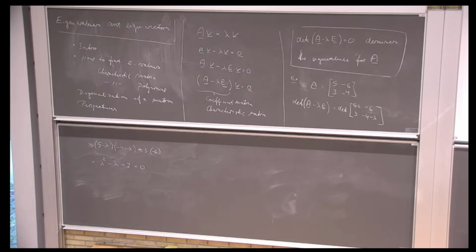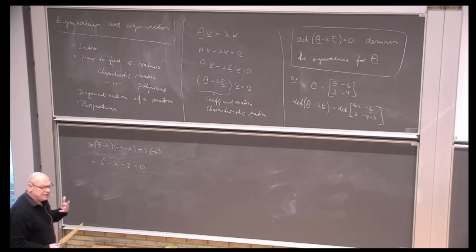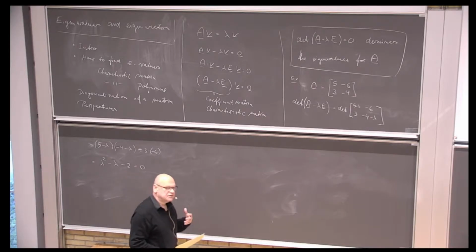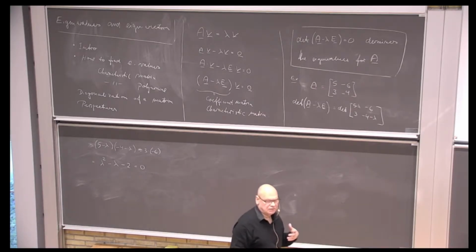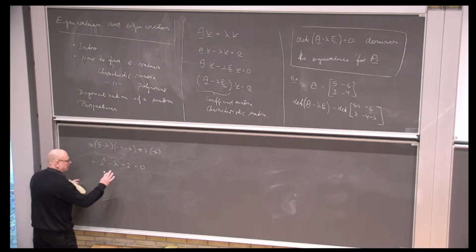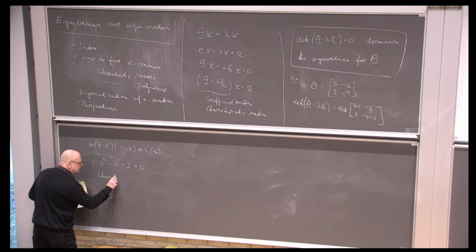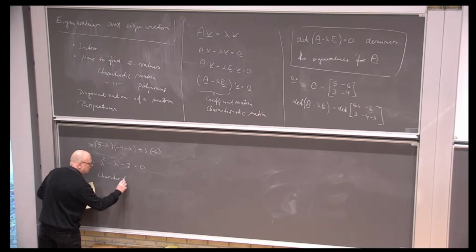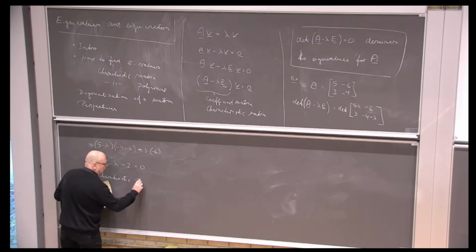So a 2x2 matrix yields a second order polynomial. If you have an n by n matrix, you get an nth order polynomial. So let's try to find the eigenvalues here. I just put a name to this: this is the characteristic polynomial.